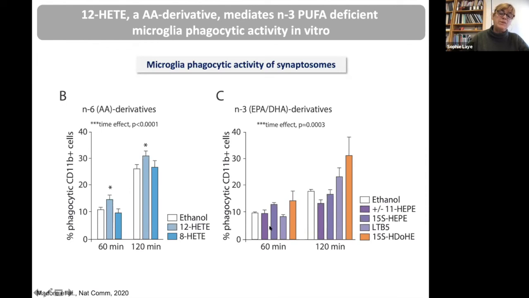What we found is that there is no clear effect of those omega-3 compounds on the phagocytic activity of microglia, while 12-HETE seems to increase it. Here what we measure is the phagocytic activity of microglia towards synaptosomes.